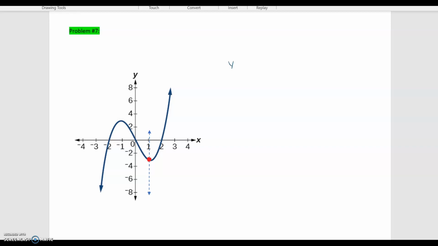We would say yes, the graph is defined as a function because the graph passes the vertical line test.